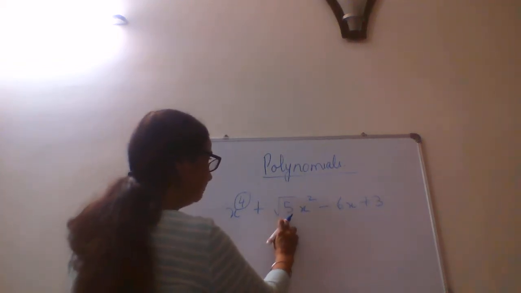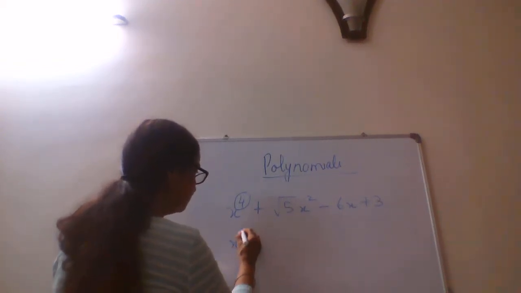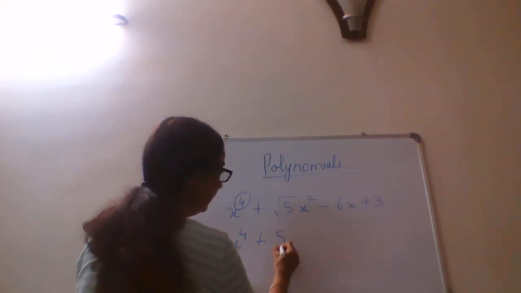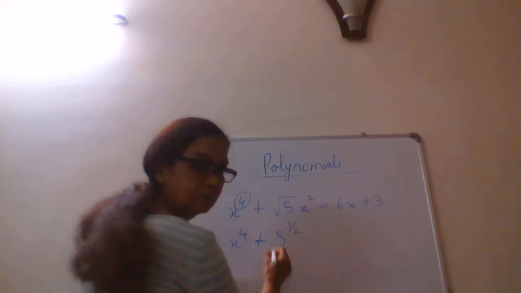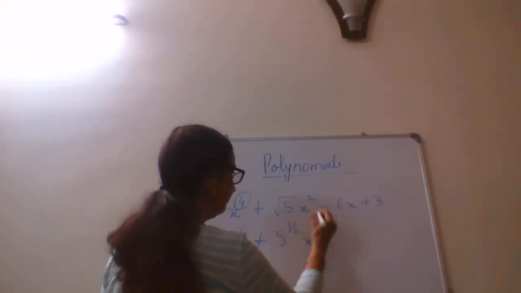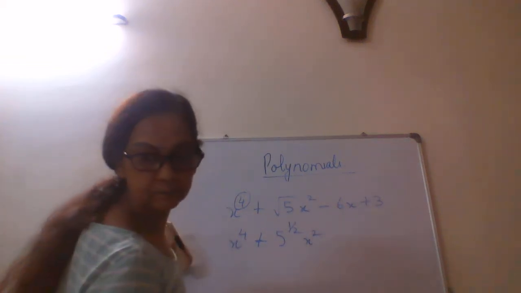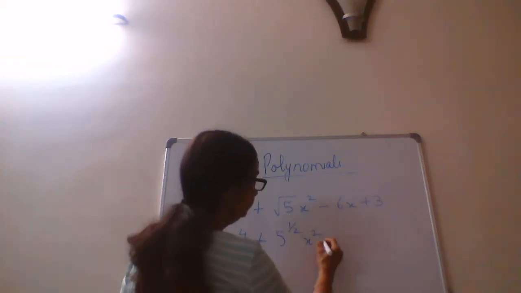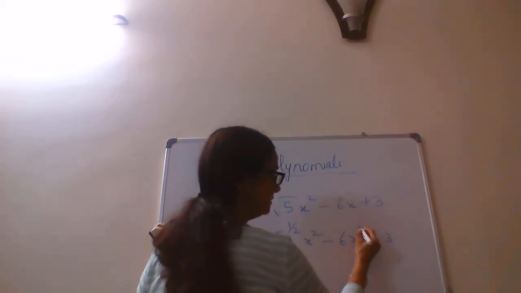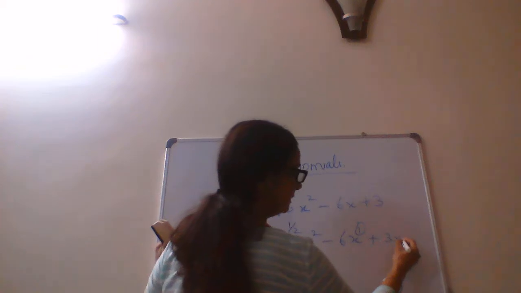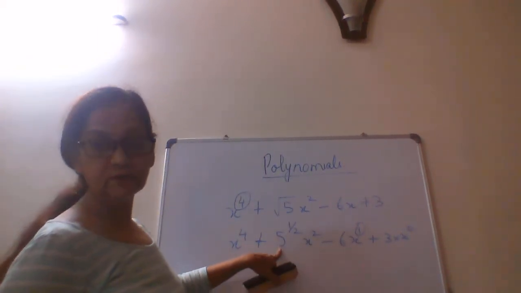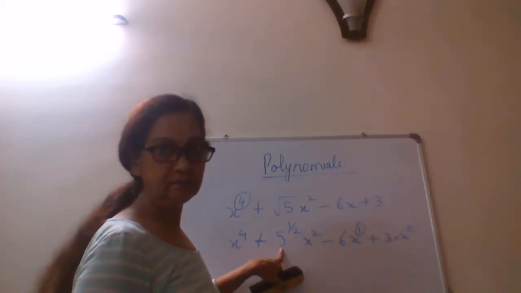Then under root 5 means 5 raised to the power 1 upon 2, and then x raised to the power 2, minus 6x plus 3. Again 6 is raised to the power 1 and this is again x raised to the power 0. Here you see this is a constant which is raised to the power 1 upon 2.